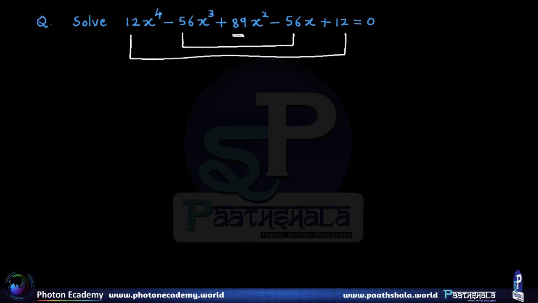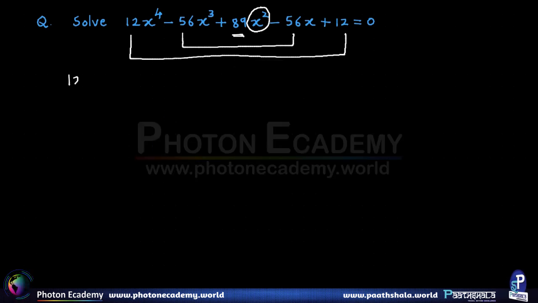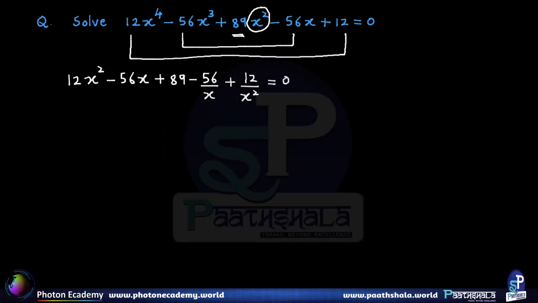So let us divide throughout by x squared, so that we will get 12x squared minus 56x plus 89 minus 56 upon x plus 12 upon x squared. The reason for dividing by x squared will be immediately apparent.